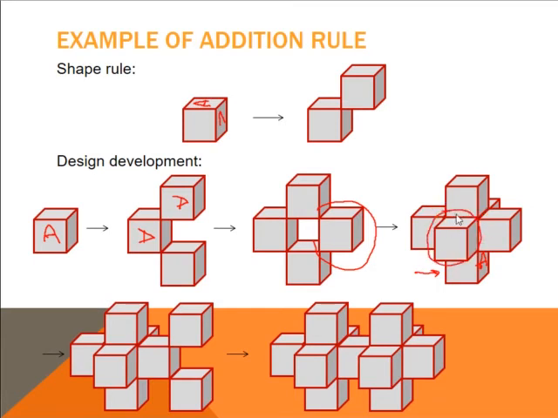So you keep on applying the rules again and again, and you create a different design. You can call this one design, and you can apply the rules more to get a different arrangement, right?